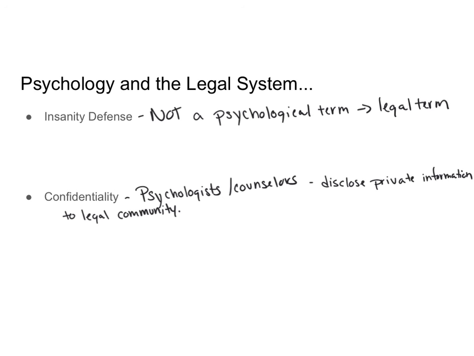And that has allowed us to have a better understanding of exactly what people suffer from. However, it doesn't necessarily fall into the legal system. So there is this idea of the insanity defense, but the insanity defense is not a psychological term. It is a legal term, but it has allowed for confidentiality between doctors and their patients.